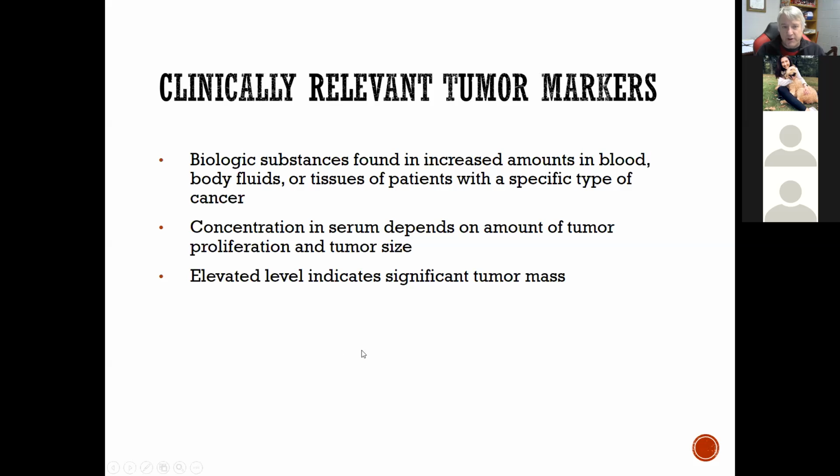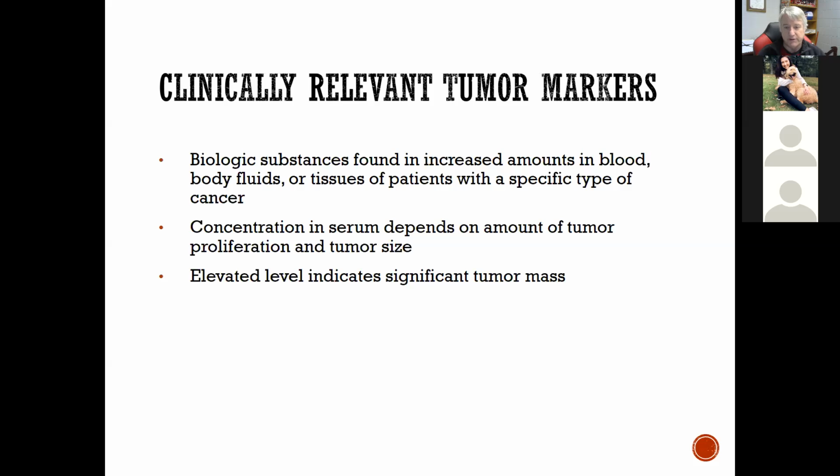So clinically relevant biological substances found in increased amounts in the blood is always good. If we're going to have markers that we can measure, we need them to be in the blood, body fluids or tissues. Most of the ones we will be drawing, we'll draw serum samples and run levels of the markers, or screen for the marker, or monitor the marker in case of somebody that's already been treated and we're seeing how the treatment went.